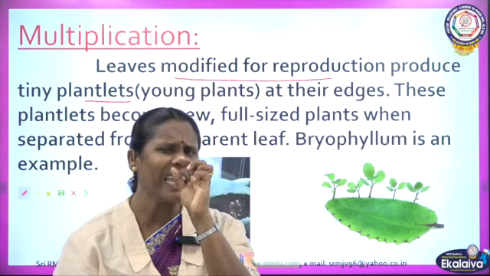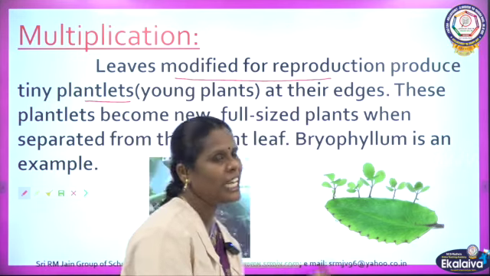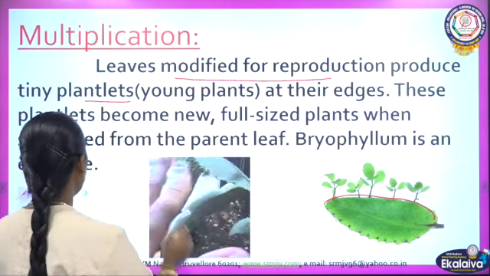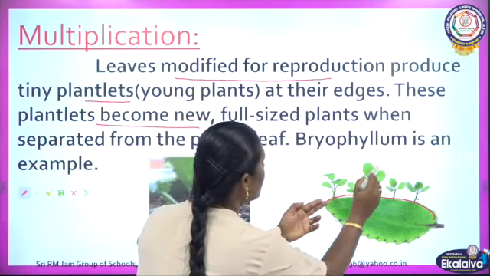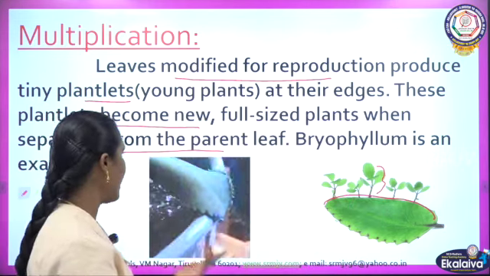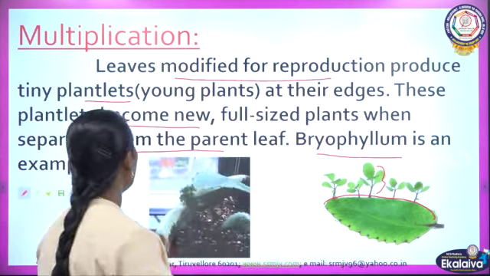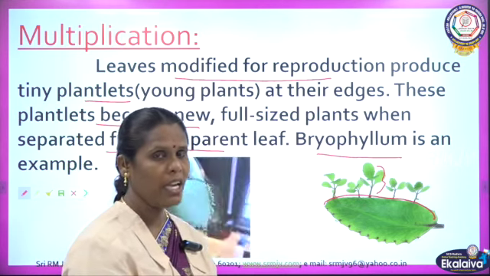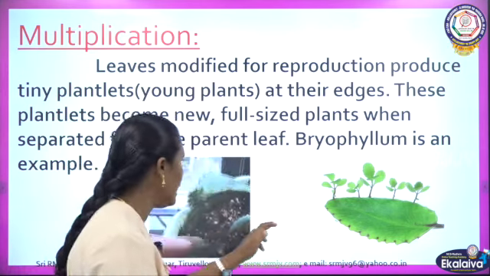It produces young plants at the edge or margin of the leaf. See here, right? So, these plants become new full-sized plants when separated from the parent plant. So, bryophyllum is an example of the multiplication process. Okay. So, this is one of the modifications of leaf.